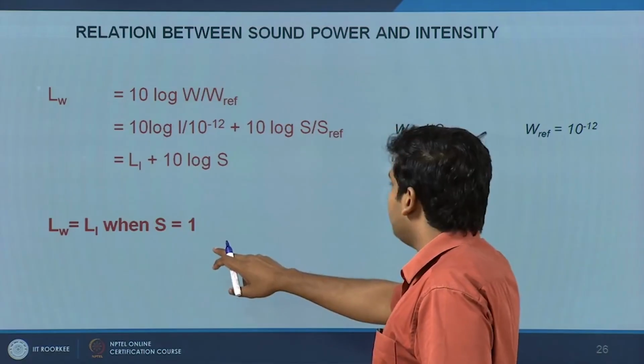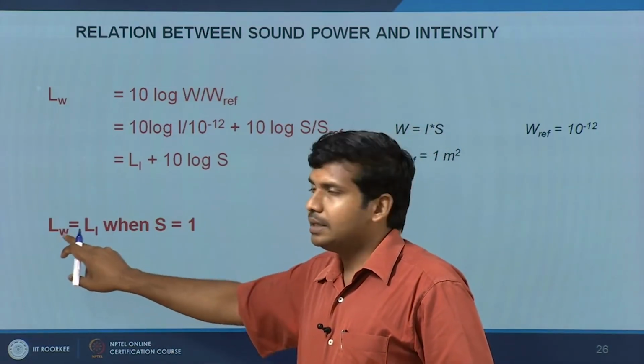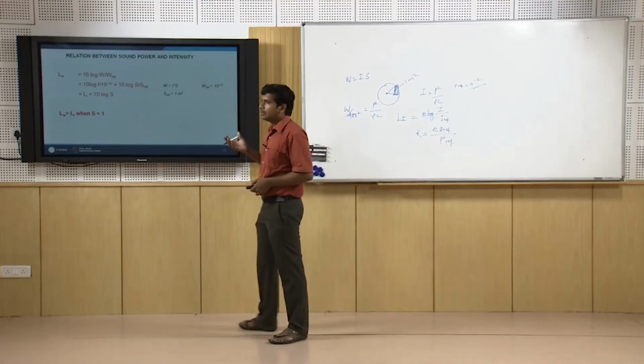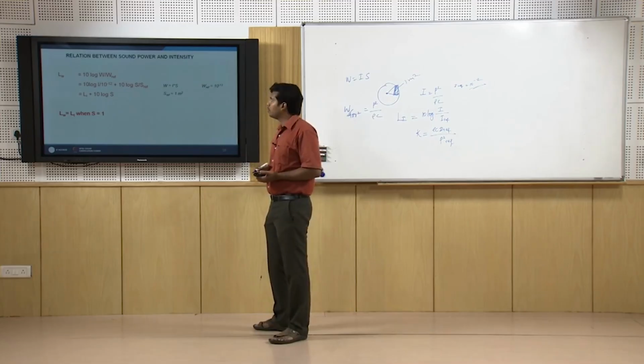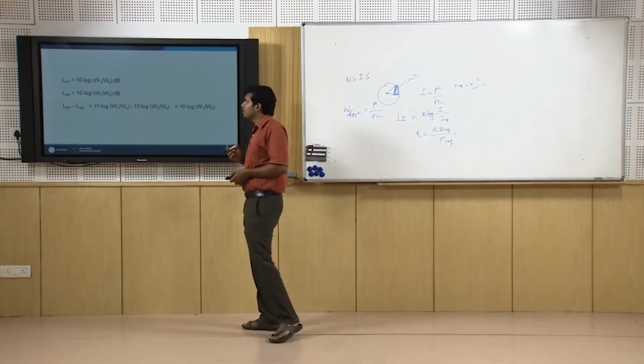So indirectly what it means, if the surface area is 1 meter square, then sound intensity level will be equal to sound power level. So this basic relation between sound pressure, sound power and sound intensity we have to remember. The last thing is, how do you add or subtract sound power levels?